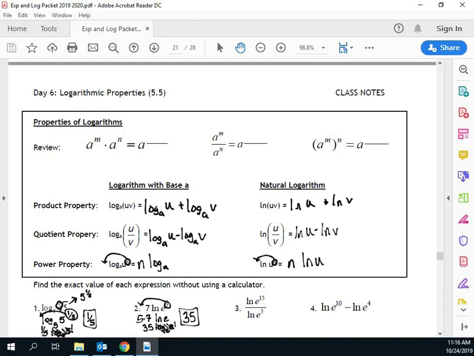All right, so looking at that, look at number 3. Again, first step is always what, guys? Good. Bring your 15 and your 5 to the front. What's natural log of e?